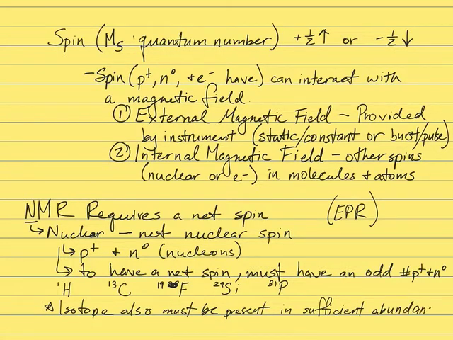So the isotope needs to be present in sufficient abundance. If it's an isotope that makes up a very, very tiny portion of the total isotopes of that element, then it's not going to be very good for NMR because there's not going to be much of it to detect. For that particular reason, hydrogen or proton NMR is probably the most common type of NMR because hydrogen-1 is the predominant isotope.